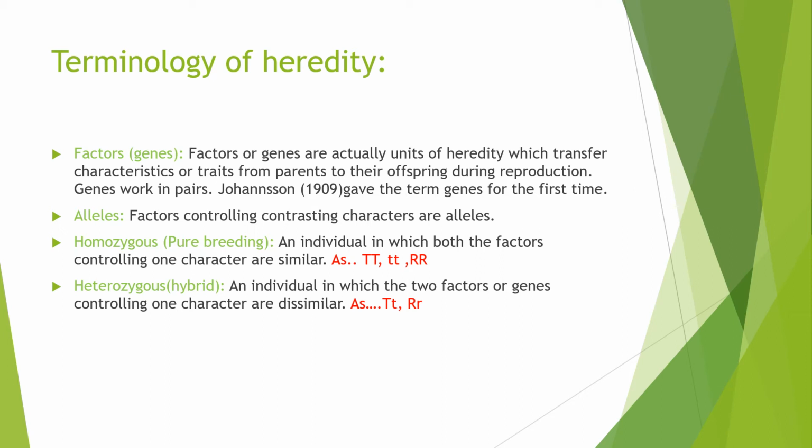In the second example I have taken capital R and small r, they are dissimilar. But in the first example both are similar. So when you take both alleles similar to each other, that is known as homozygous. And if you take alleles which are not similar, or dissimilar, then this is heterozygous or hybrid.